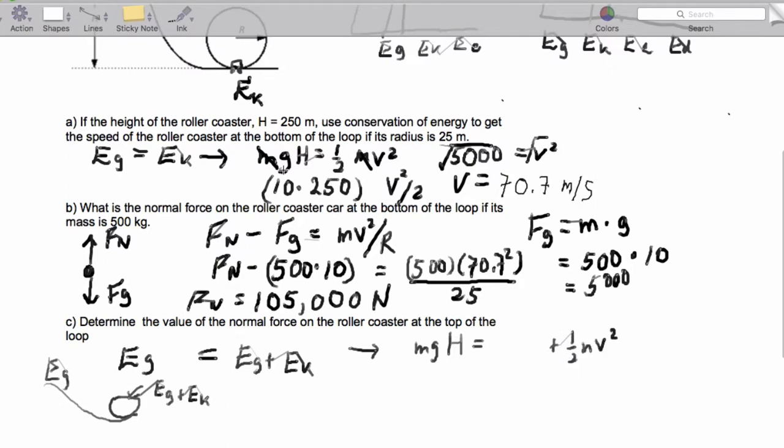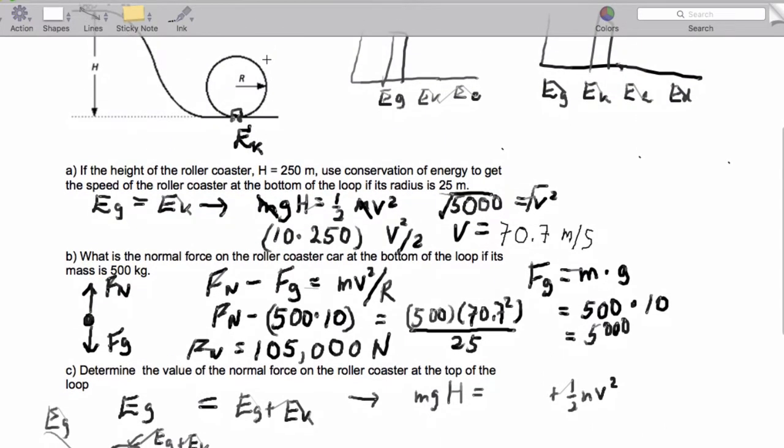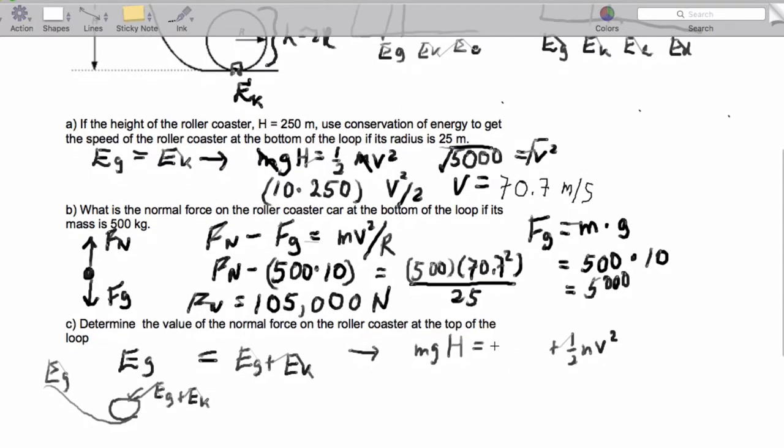Now let's talk about this EG at the top of the loop. If I go here, this height is actually twice the radius. So this is going to be m times g times 2r. And now I can put in some numbers.